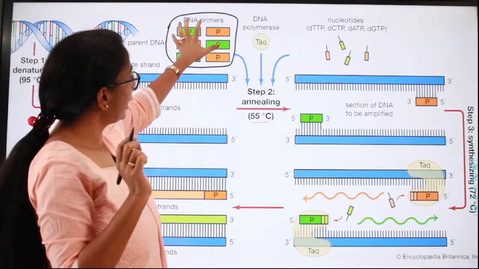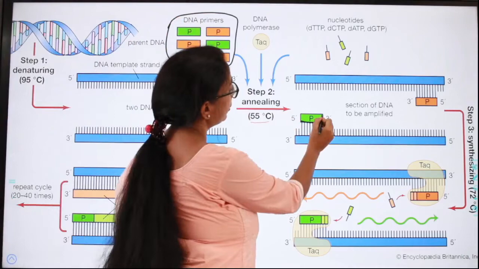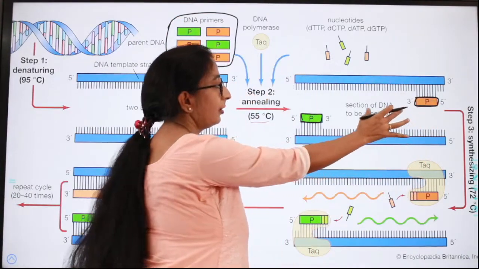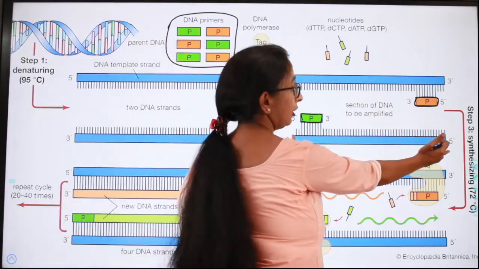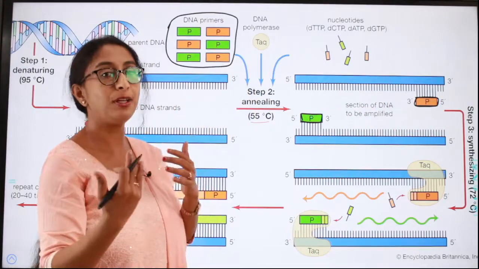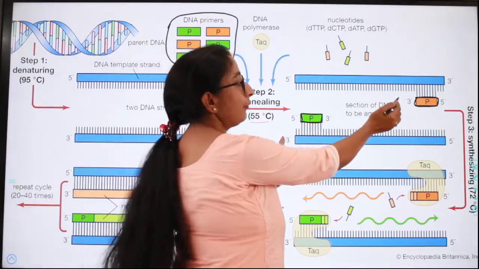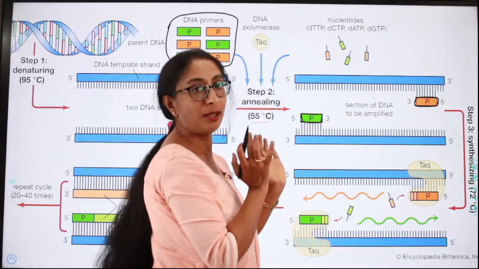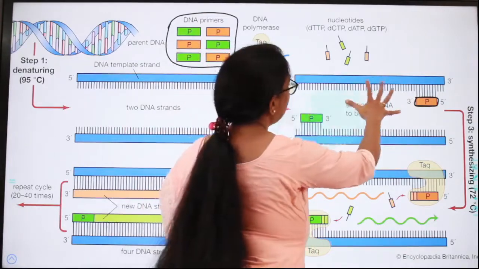These primers come and bind in their respective positions on both strands of the DNA. This is the section of the DNA which we need to make copies of, or amplify, so we have specific primers for that. Those primers will come and attach over here in the second step called annealing.